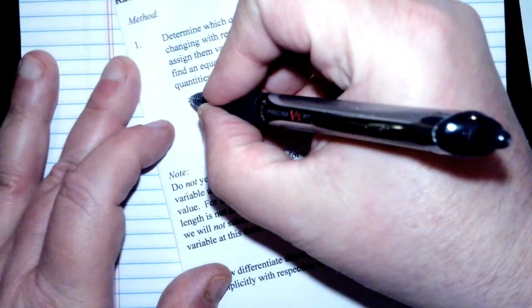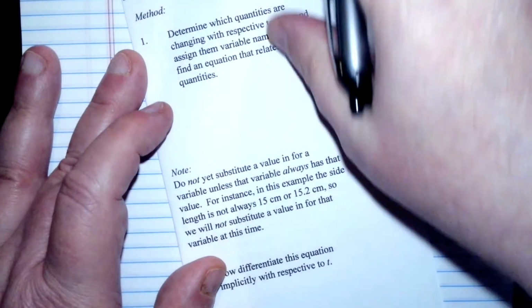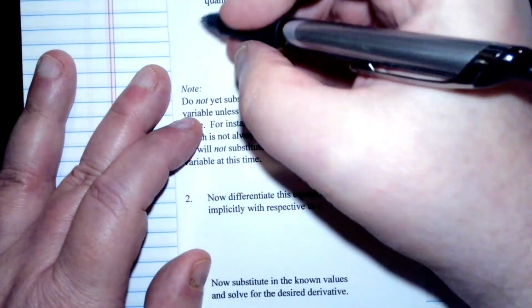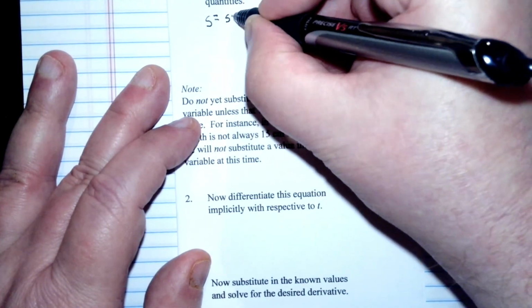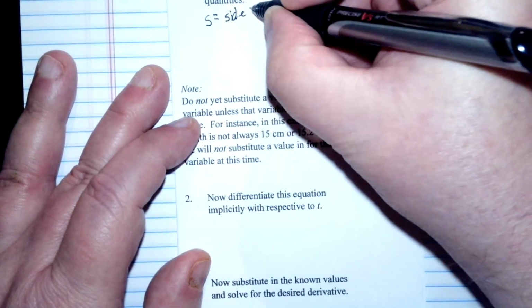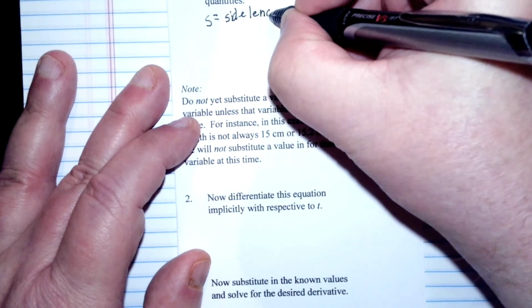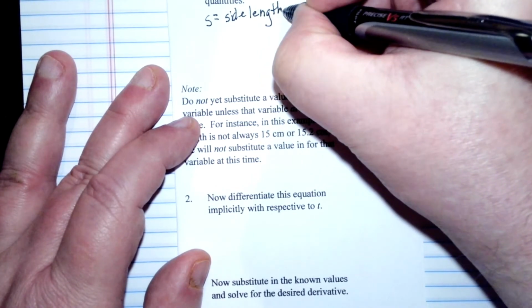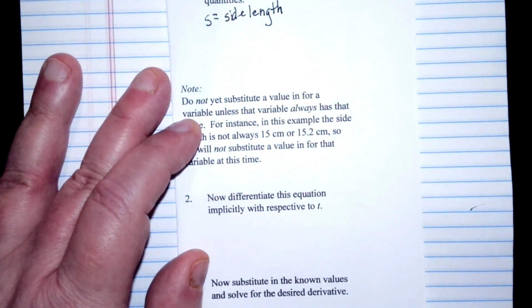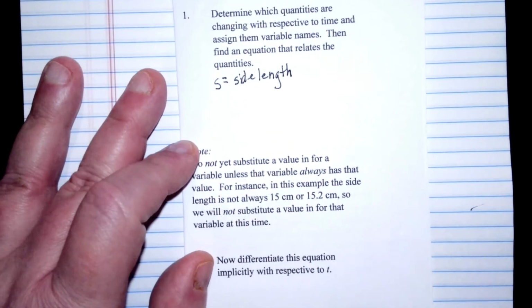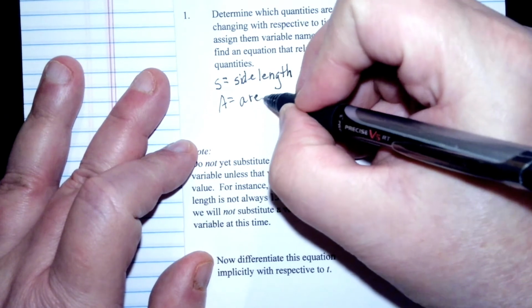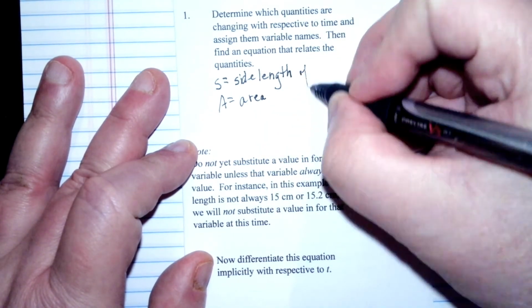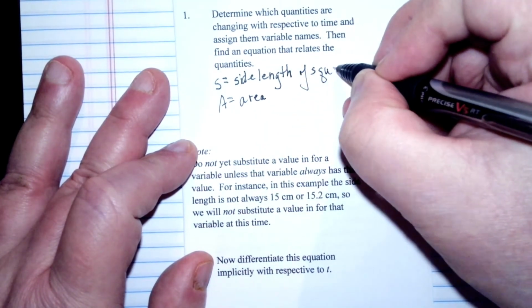Alright, so the two quantities we've got are the side length of a square, and I like the idea of calling that S, and then A is the area, and this is of the square, of course.